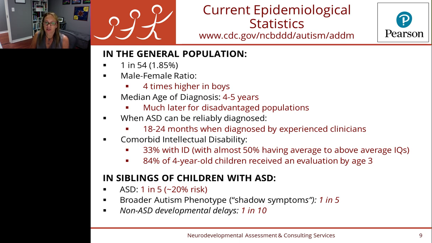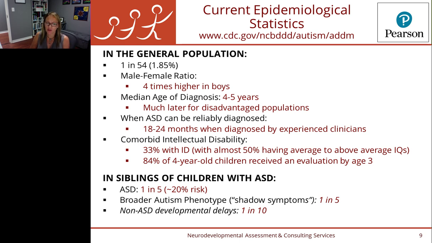The median age of diagnosis in our country is 4.5 to 5 years of age, even though we can reliably diagnose autism at 18 to 24 months. So that's at least a 2-year gap between when we know we can make a diagnosis and when we are making a diagnosis. And if we're looking at disadvantaged communities, racial and ethnic disparities, for example, African-American, Hispanic children can be diagnosed later, sometimes at 7, 8 years of age rather than 4, if they're ever accurately diagnosed at all.